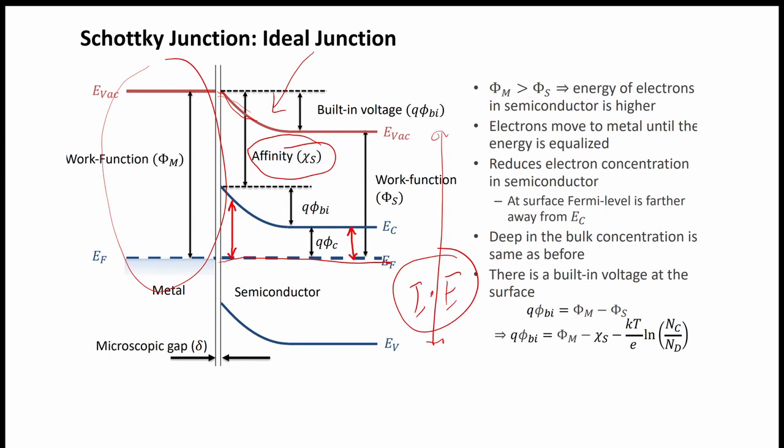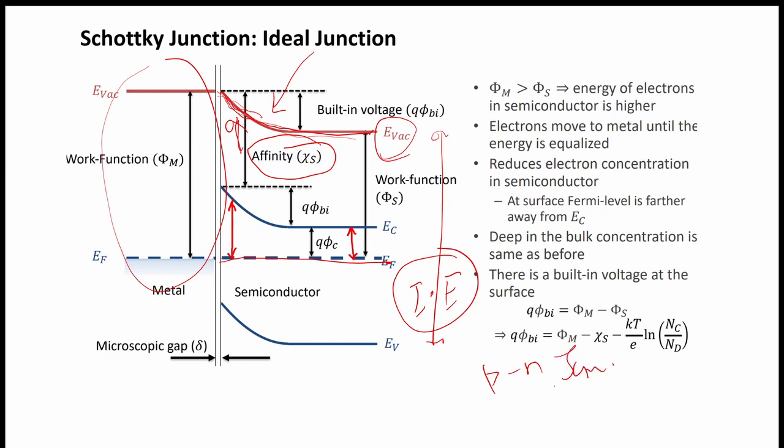So if the vacuum level is bending like this, the conduction band and the valence band should also follow the same. So how will it look? We have already seen that in the PN junction.